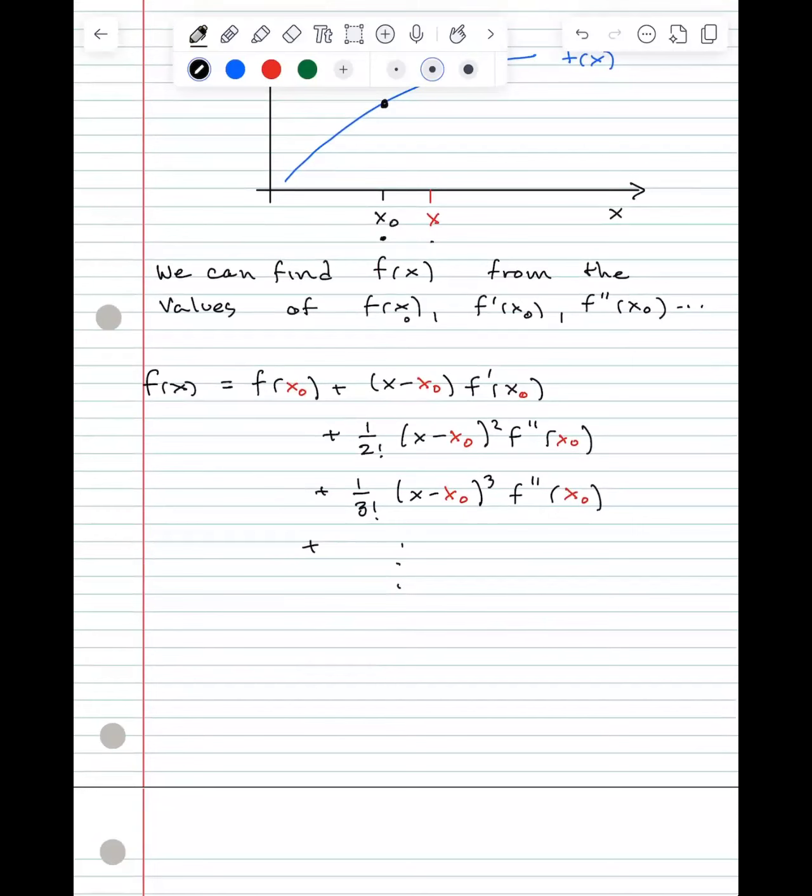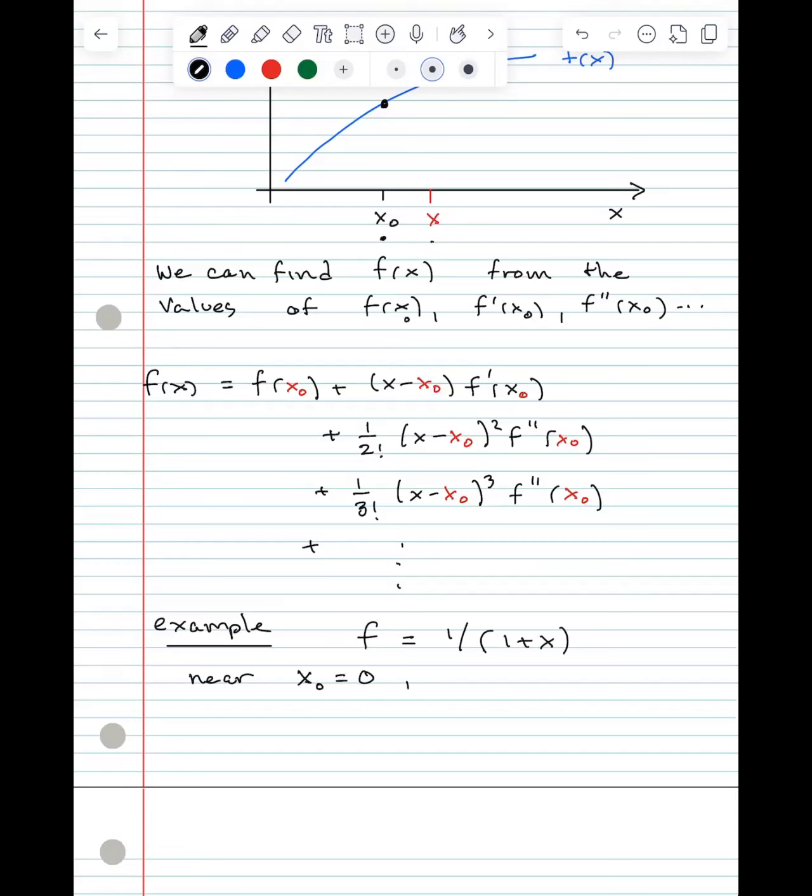Here's an example. Here's a fairly simple formula. f is equal to 1 divided by 1 plus x. And suppose we want to evaluate this near the point x equals 0.